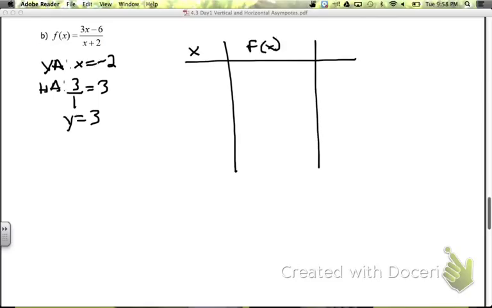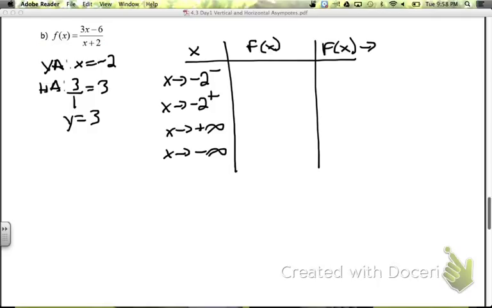Okay, so we're going to look at our function f of x, and we're going to look at what my function is approaching as x is approaching -2 from the negative side, from the positive side, and as x is approaching positive infinity and negative infinity.